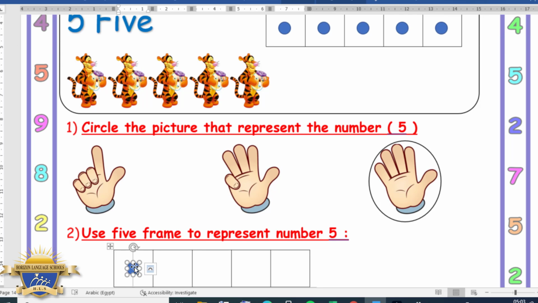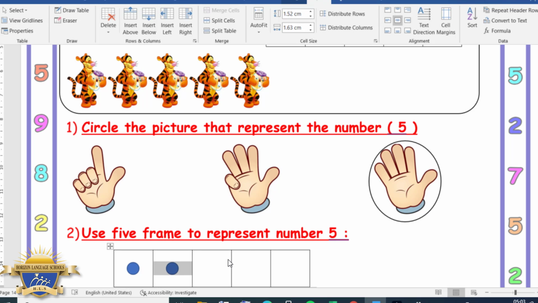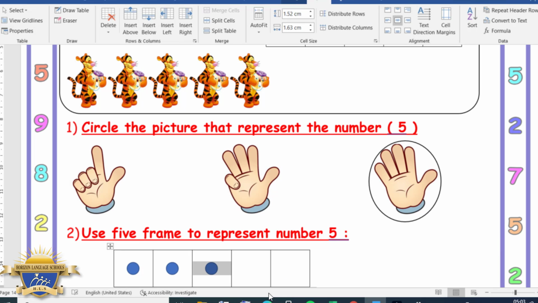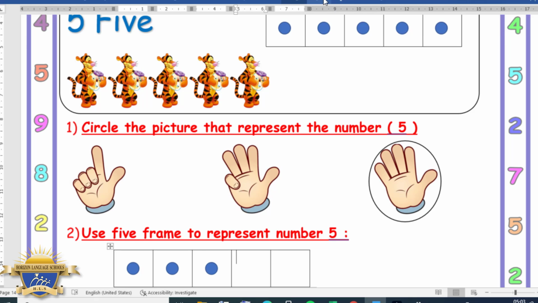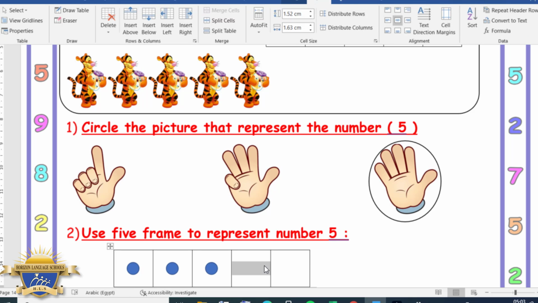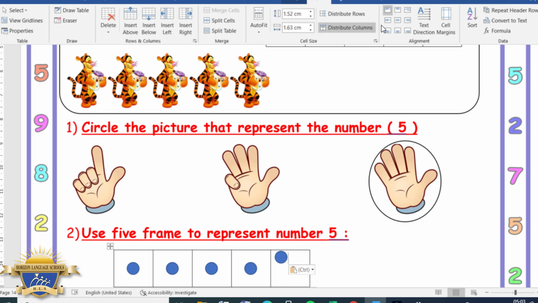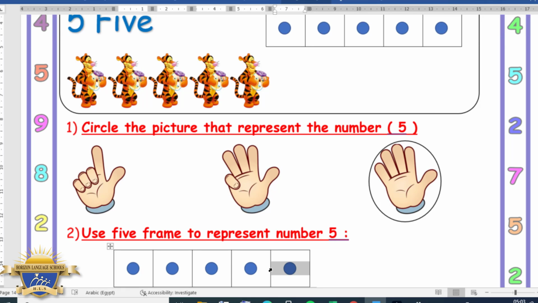Here is the first one, 1, 2, 3, 4, and the last one, 5. Let's count them again. 1, 2, 3, 4, 5. We noticed that when I represent 5 in the 5 frame, all the cells are filled with dots.